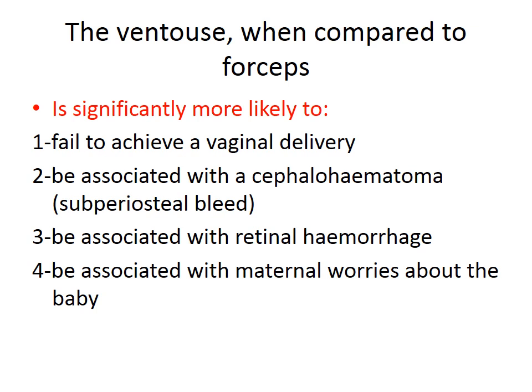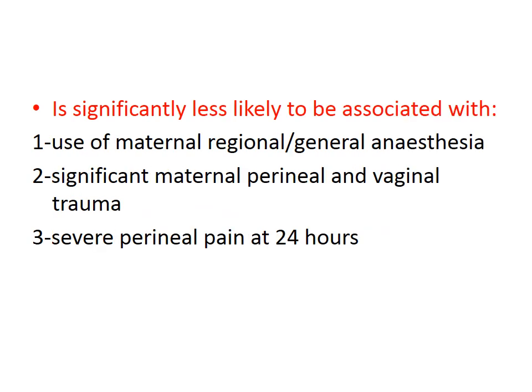Regarding the ventouse, when it is compared to the forceps, it is found that it is significantly more likely to be associated with failure to achieve a vaginal delivery, more likely to be associated with the occurrence of cephalhematoma, subperiosteal bleed, retinal hemorrhage, and maternal worries about the baby.